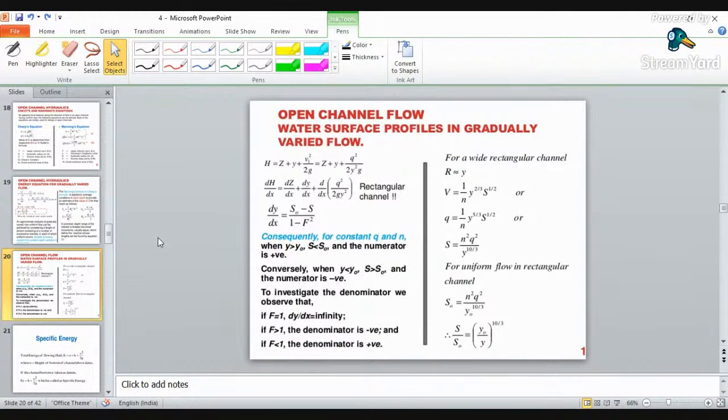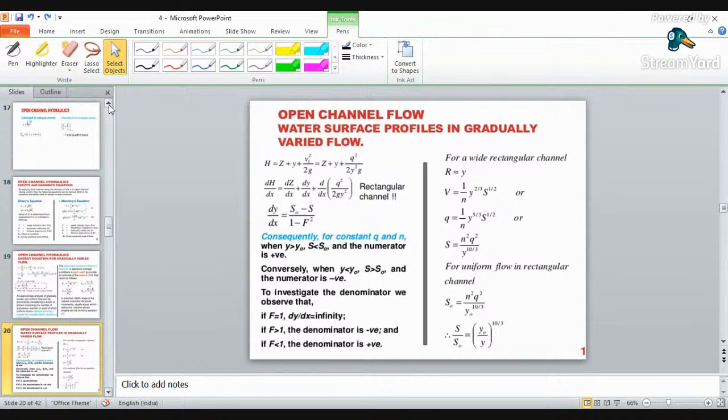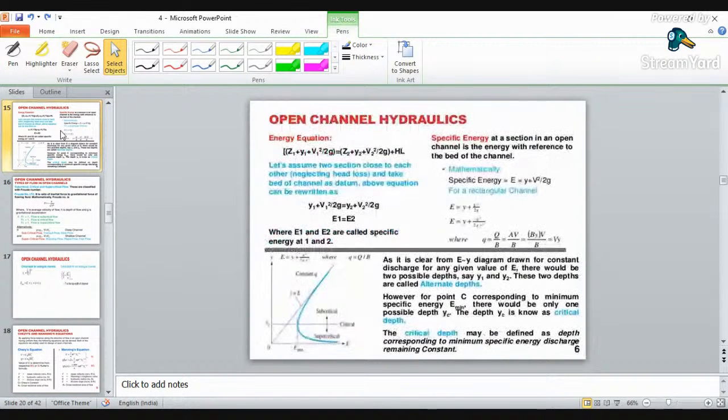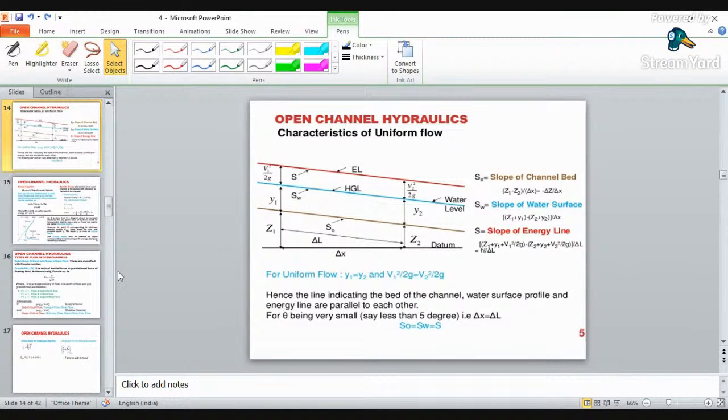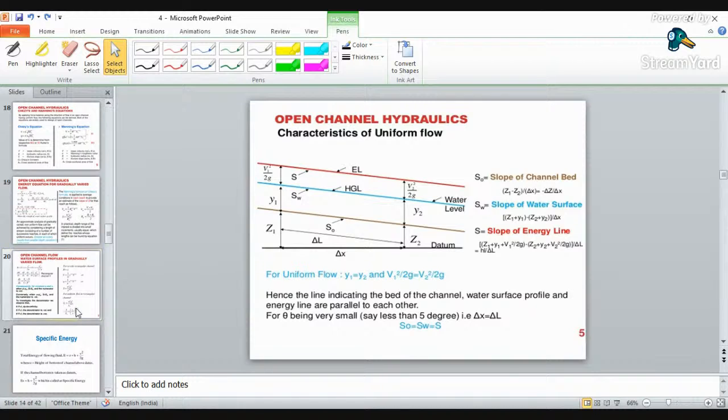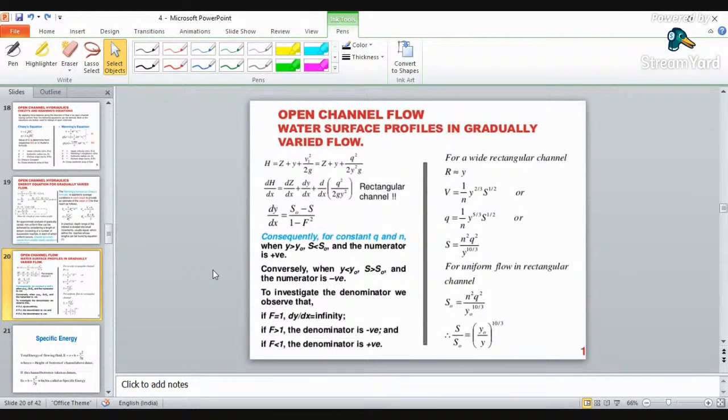Then we have to find out the various characteristics of the open channel.